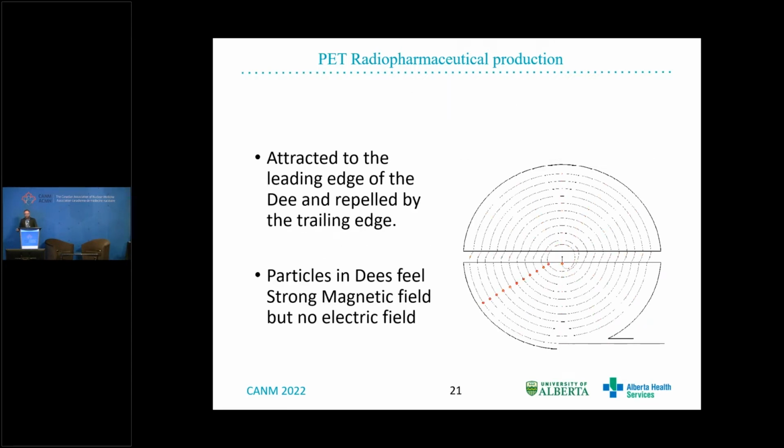So the Ds are basically an RF system, and actually it's hydride ions that are being accelerated, so it's attracted to the leading edge and repelled by the trailing edge of the Ds.